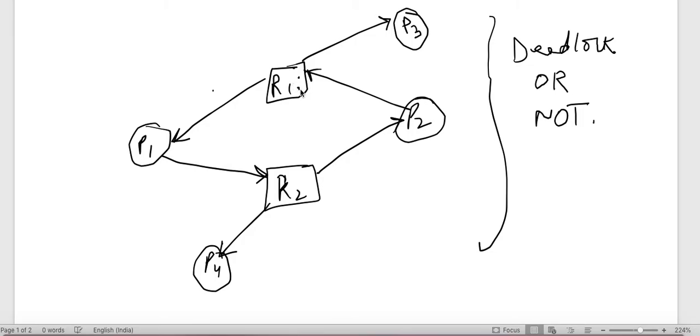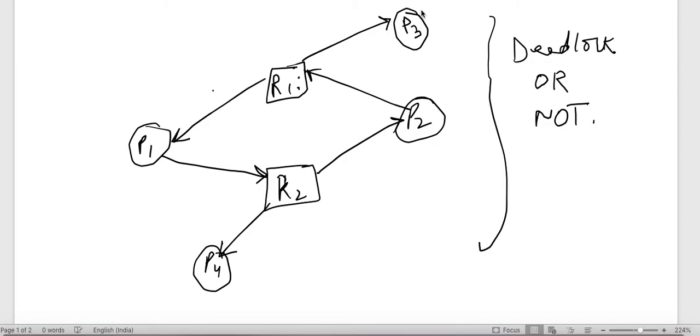See, if you observe deeply, R1 is allocated to P1 and P2 is requesting R1, which is already held by others, and that is why they can't be done.